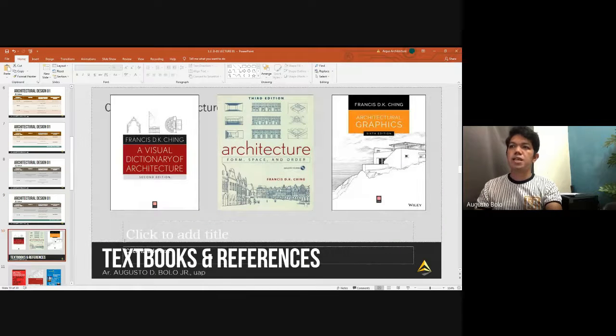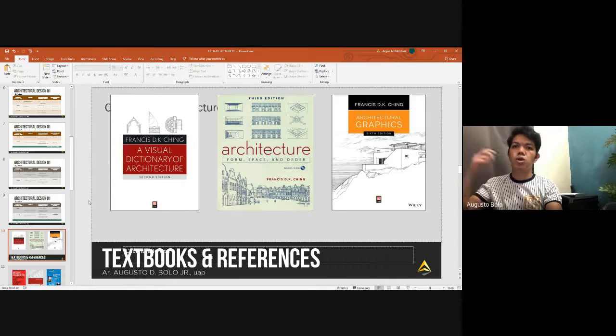For references, I am encouraging everyone, but not recommending to buy, to have a reference of the following textbooks. These can be downloaded via the internet in PDF format.